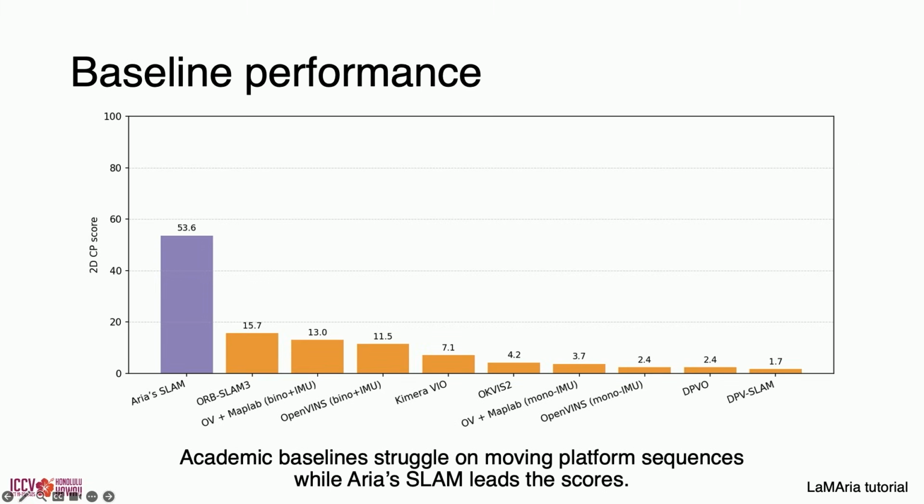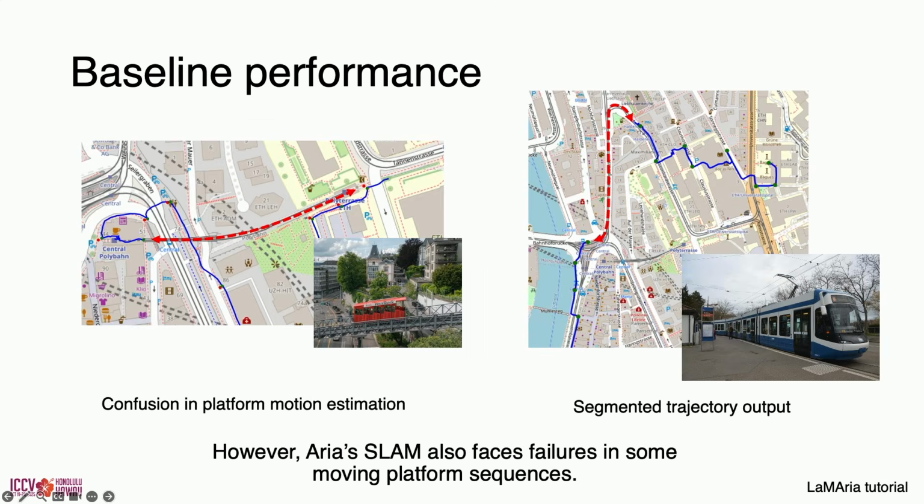And baselines in this category, as you can see, perform quite poorly. The academic baselines especially perform quite poorly, while Aria SLAM leads the scores. But we also have sequences where Aria SLAM fails in some of our moving platform collected sequences. For example, these are some sequences where we unfortunately couldn't provide pseudo per keyframe ground truth because we didn't have a complete initialization.